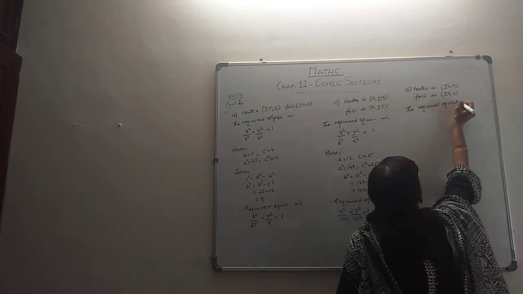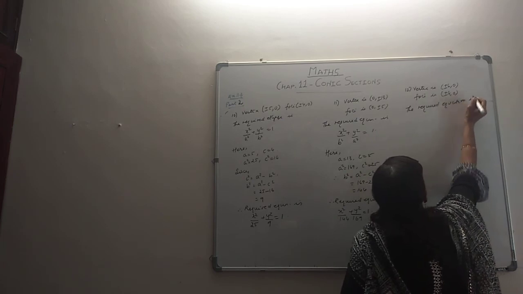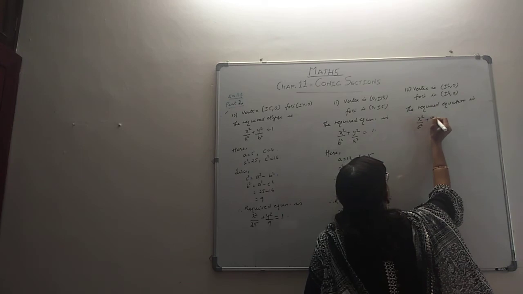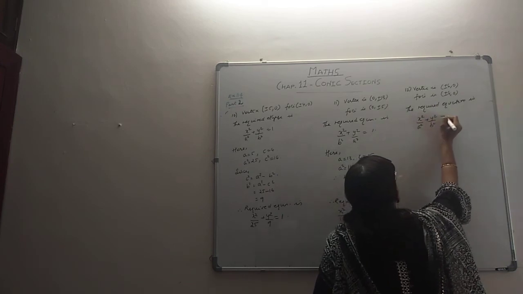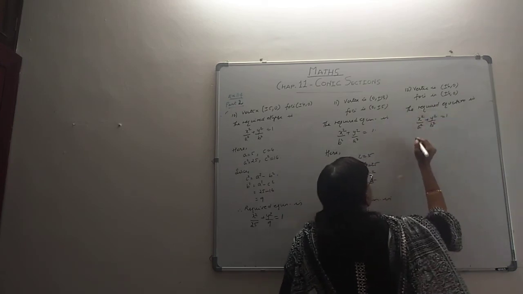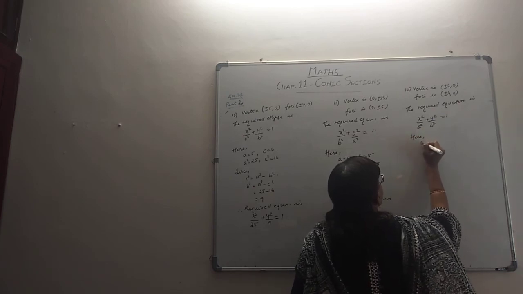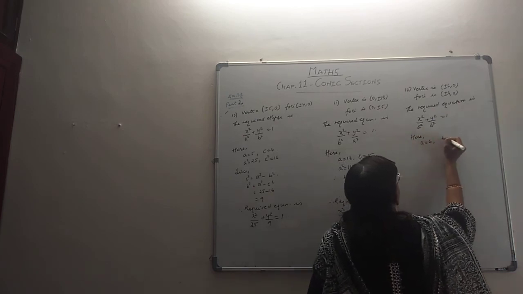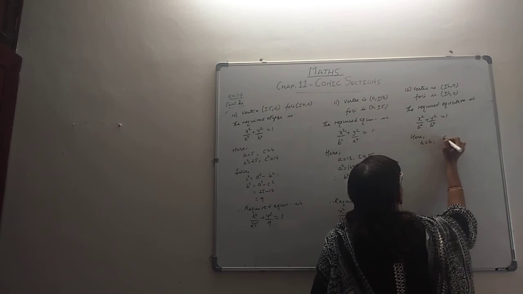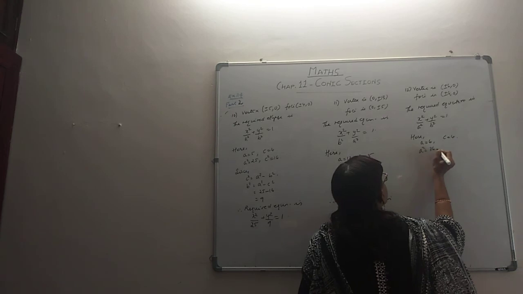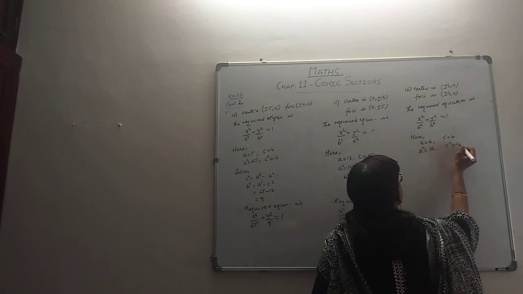So the required equation here is x squared by a squared plus y squared by b squared equal to 1. You are having vertex as 6 and foci as 4. C is 4. So a squared is 36 and c squared is 16.